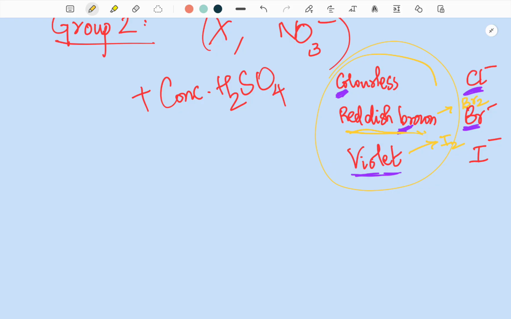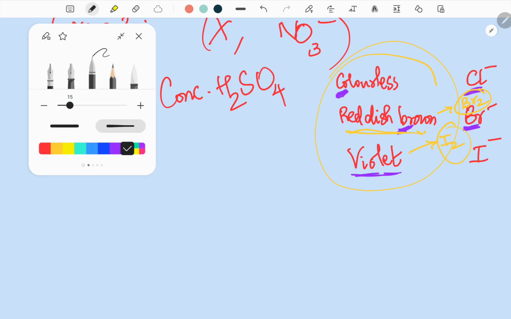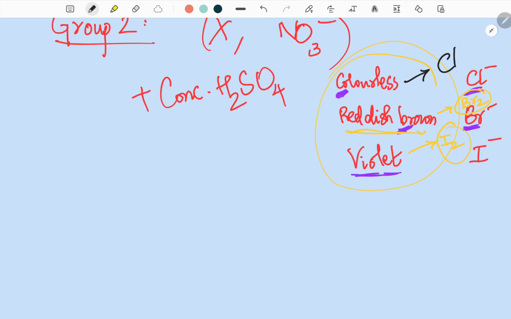But remember, this is where everyone makes mistakes. Since bromide and iodide give the gases bromine and iodine, you may think that for chloride the colorless gas is Cl2, but that is wrong. It is not chlorine gas. Chlorine gas is actually yellowish green. It is not colorless.